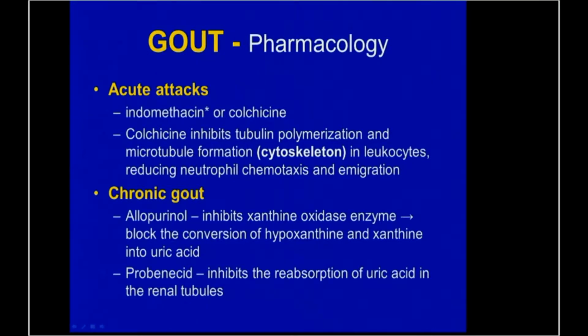Here is the pharmacology of gout. If you have a patient with acute episode, you might give anti-inflammatory. The one that we usually use a lot is indomethacin, or you start the patient on colchicine. I don't think that they will give you both of them in the same answer choice, okay?